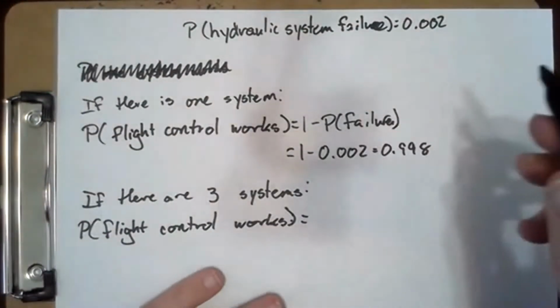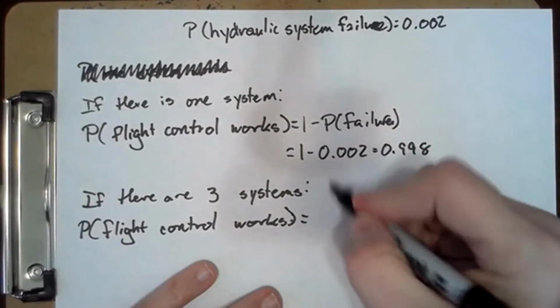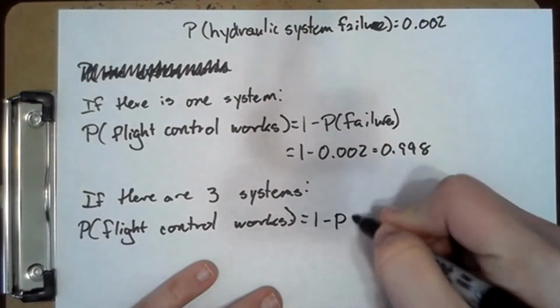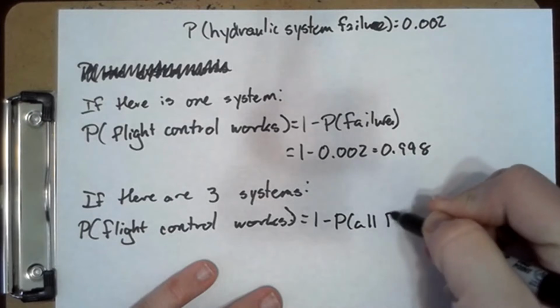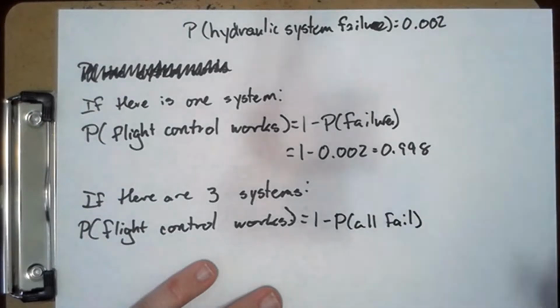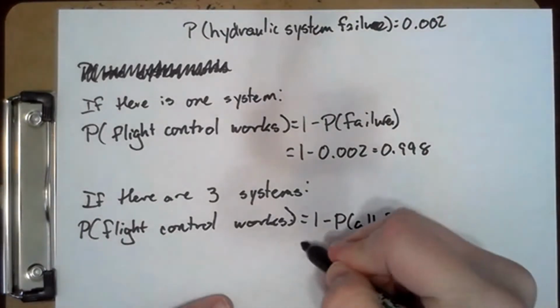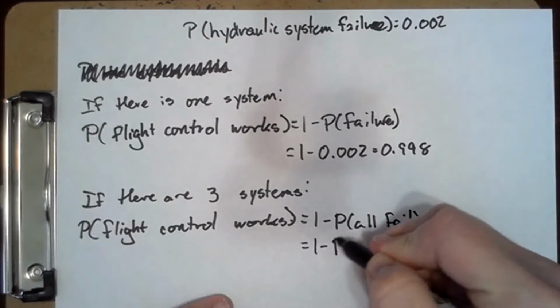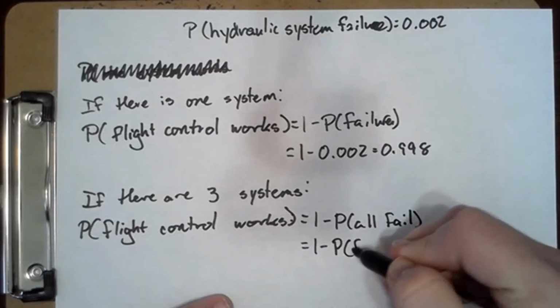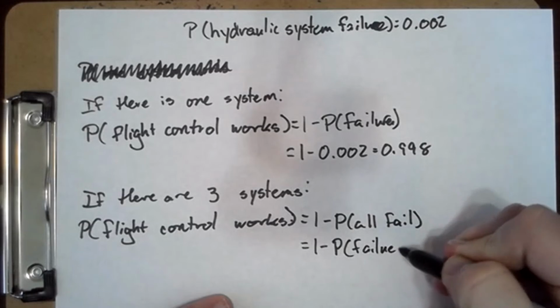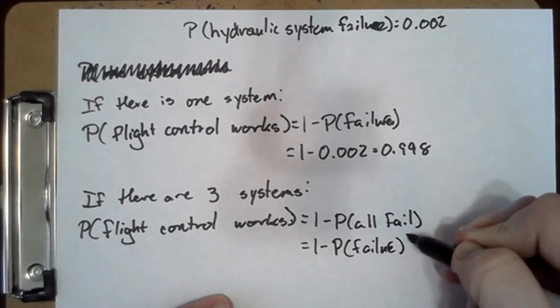If there are 3 systems, well, we need 1 minus the probability that all fail. Now, these systems are independent, so the probability that all of them fail is the probability of failure cubed.